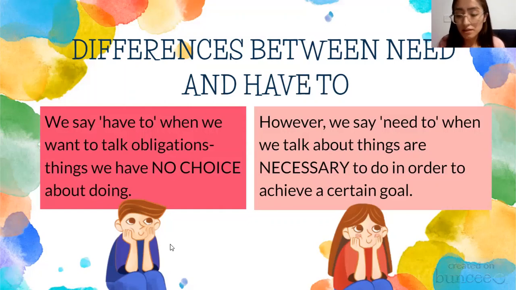Okay, for example, you need to wake up early because you need to go to school. You need to wake up early to achieve a certain goal, that is, go to school. Okay? Right. Okay. Very good.